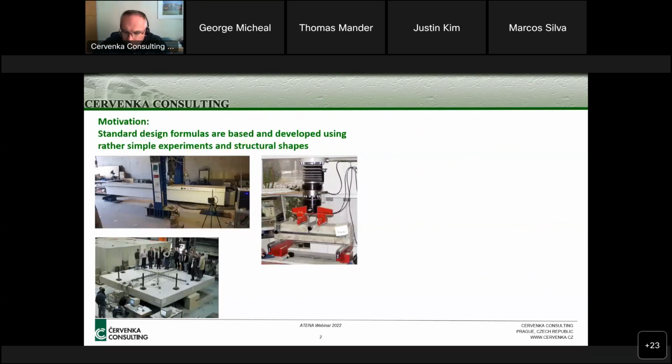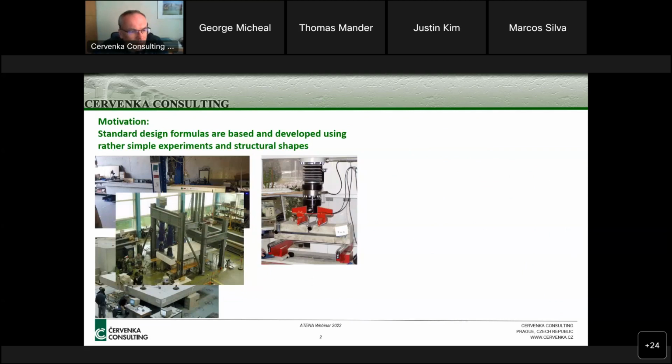Let's first summarize what we are trying to do with nonlinear analysis. With nonlinear analysis, we try to understand our structure's behavior better. When we think about concrete and design concrete, we typically have rules based on experiments like you see on the photos here.